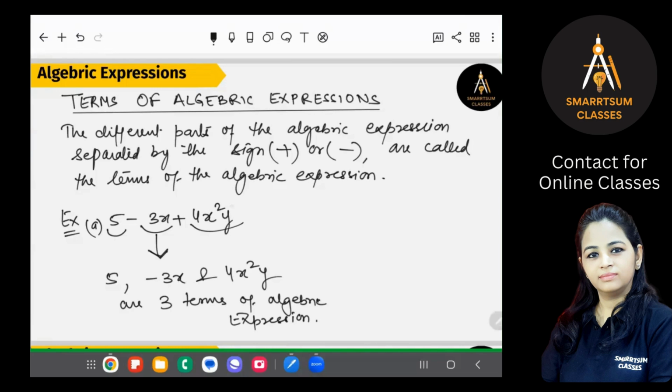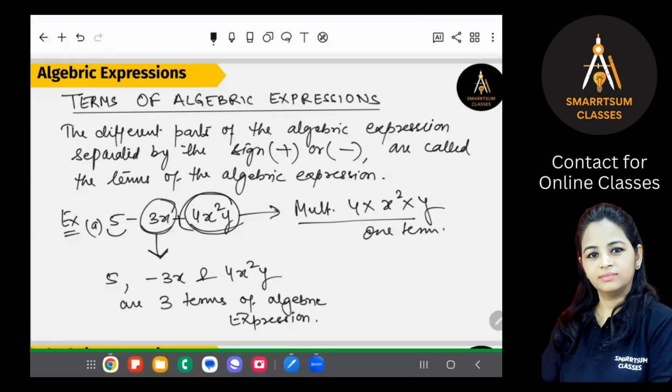As you can see within this 4x square y, we are using multiplication among 4x square and y, but the whole is considered as one term, because multiplication does not separate the term. Similarly, in 3x, 3 and x are connected by multiplication, but again, this will be considered as one term.